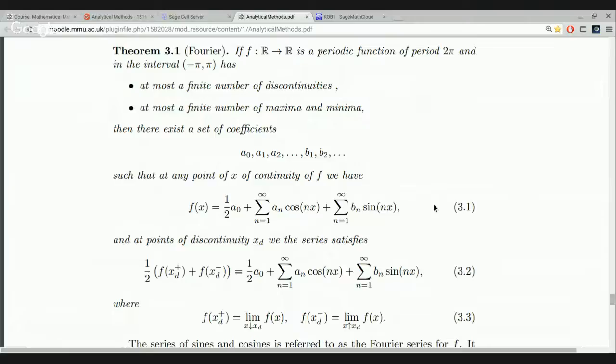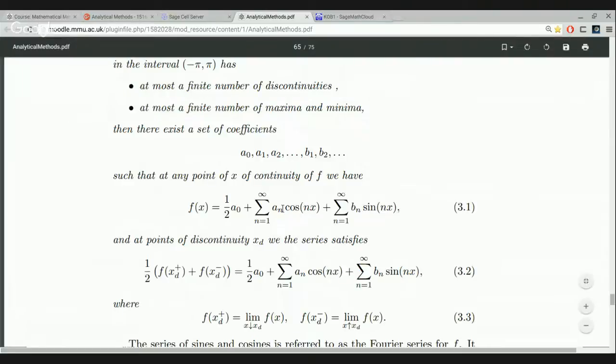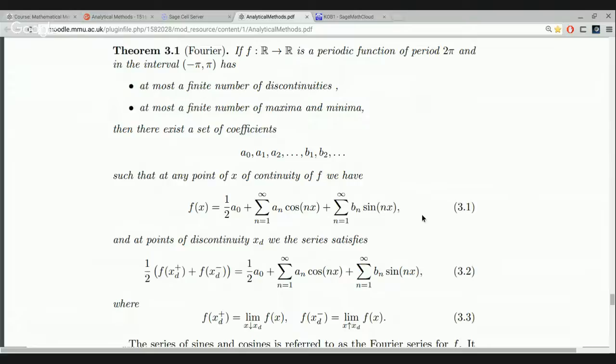Okay? So the basis for it, the way we've set it up, consists of the constant function, all of these cosine functions for every n bigger than 1, and all of these sine functions, sine of n times x. So what you're looking at there in equation 3.1, you can consider as a vector written as a linear combination of basis vectors.